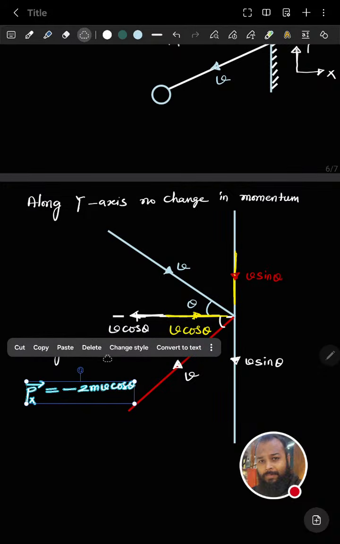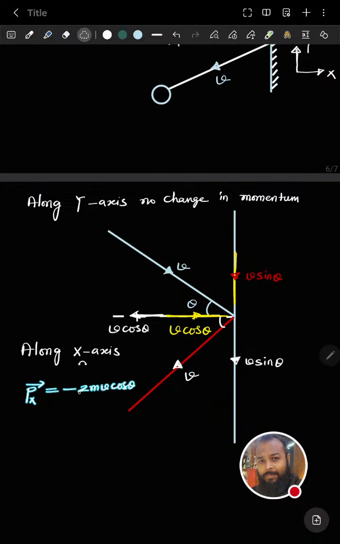Is it okay? So I made a small mistake here. It has to be i cap. Right. Nice.